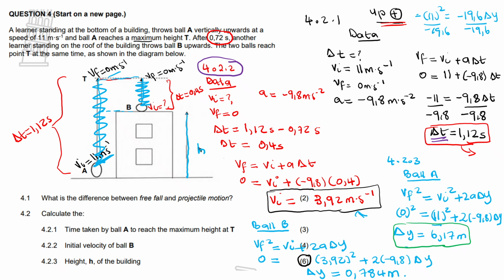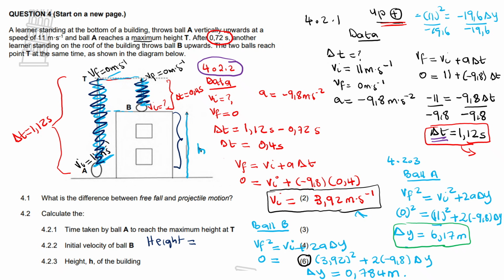0.784 meters. So if you still remember, we said that to find the height, we need to take the height traveled by ball A, subtract the height traveled by ball B, and this will give us h.